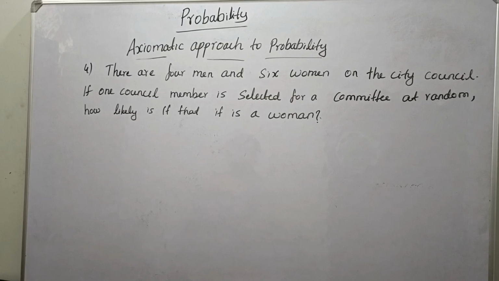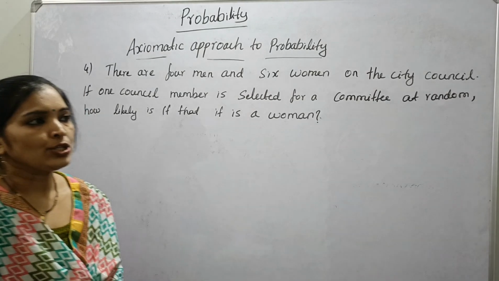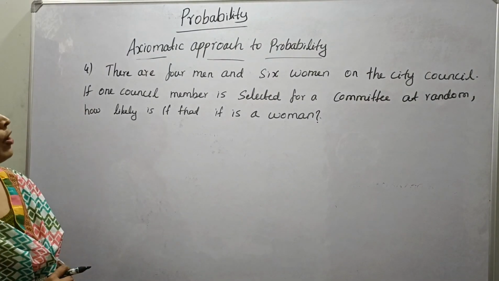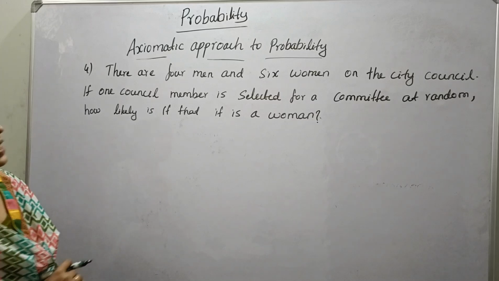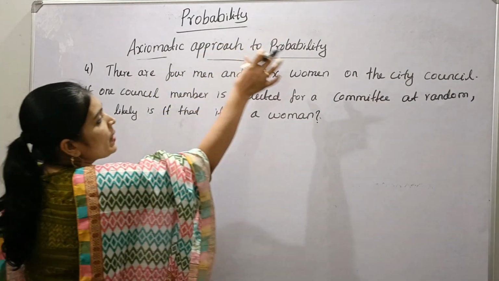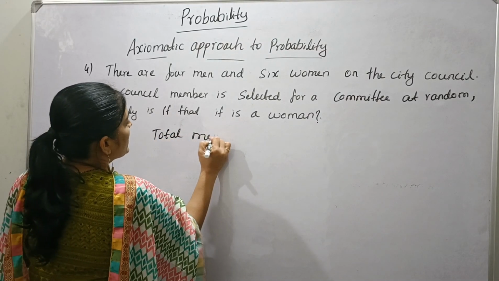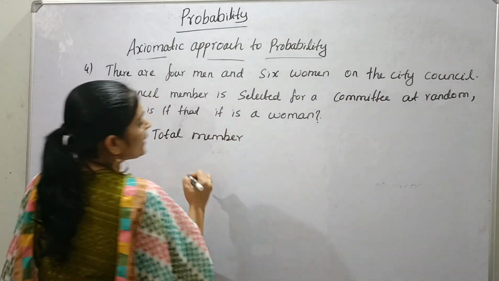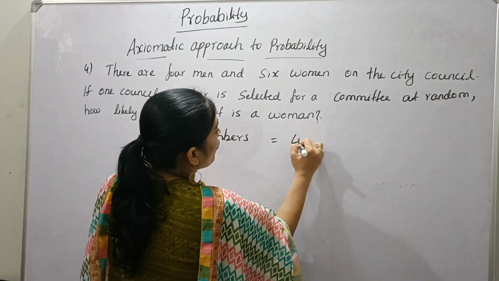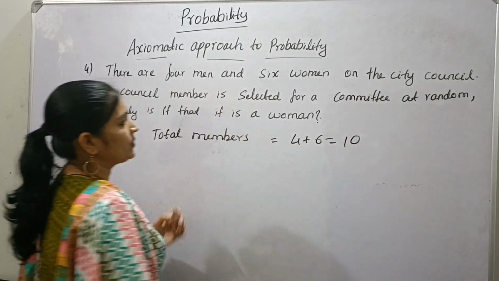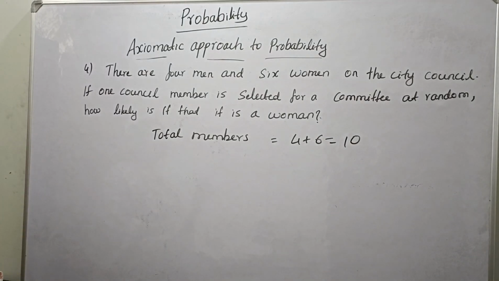The next question is, there are 4 men and 6 women on the city council. If one council member is selected for a committee at random, how likely is it that it is a woman? The total number of members in the council is 4 plus 6, that is 10.